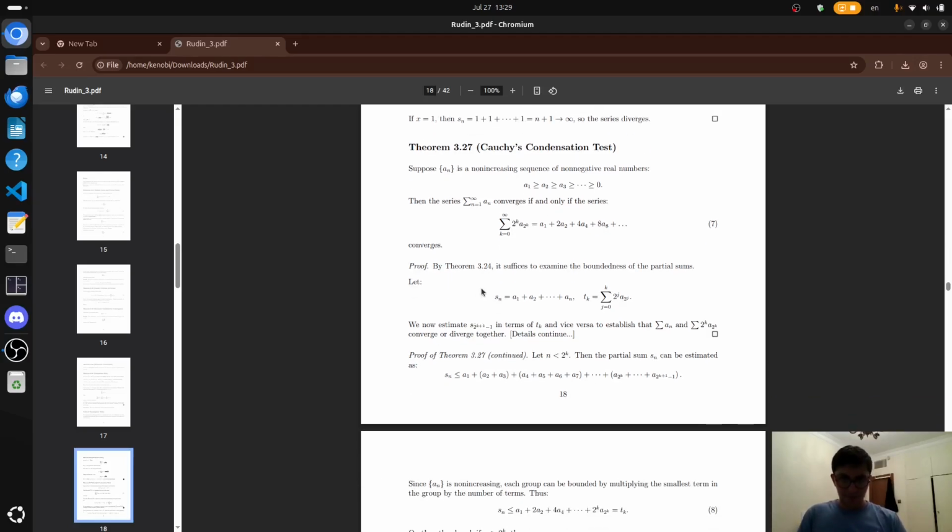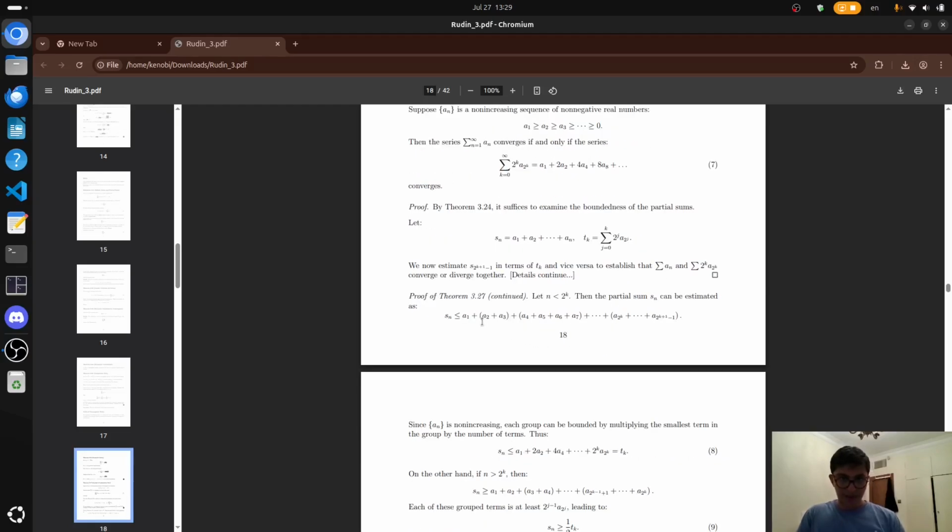Okay. The proof: we take these to be the partial sums of both series. Now you see we're grouping them together. If n is less than or equal to 2^k, we're going to take all the indexes less than 2^k. So S_n is going to be less than or equal to this. Now you're going to group them together, right?